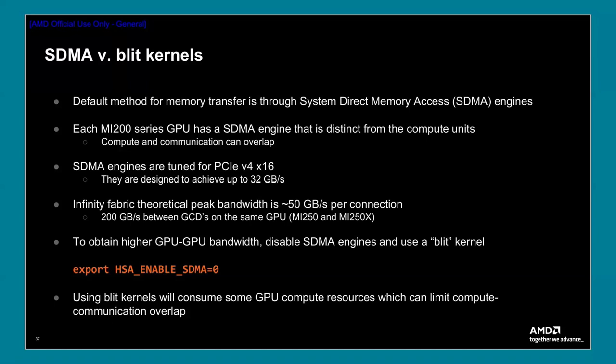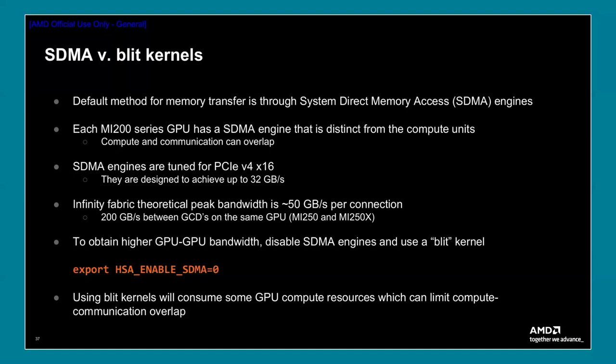And so the way you can get past the SDMA bandwidth limit is actually to disable SDMA engines. In the implementation of MPI, whether you're using UCX with OpenMPI or Cray MPICH, you can use what's called a BLIT kernel, which is a compute kernel that will occupy some limited number of compute units on your GPU to actually do the memory copy for you. So it can increase the memory bandwidth that you can obtain.